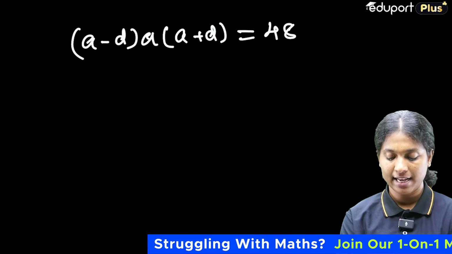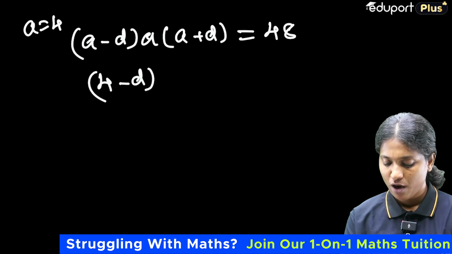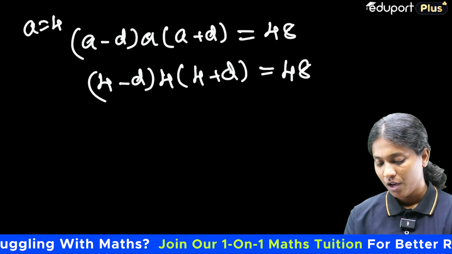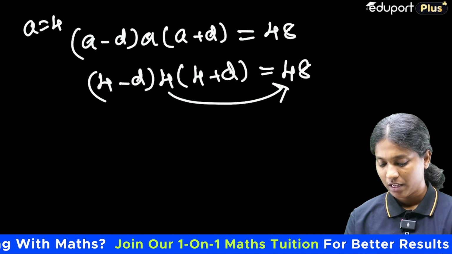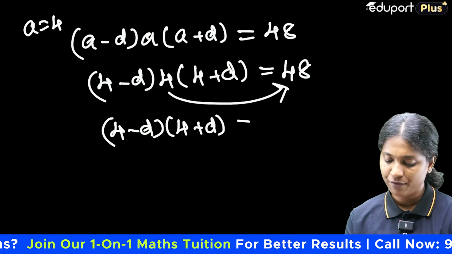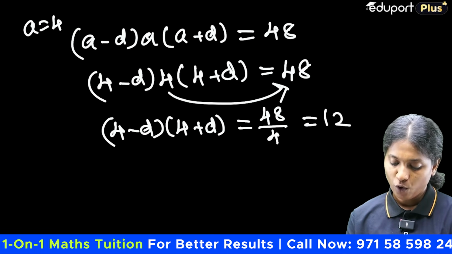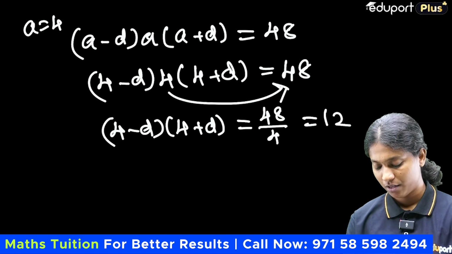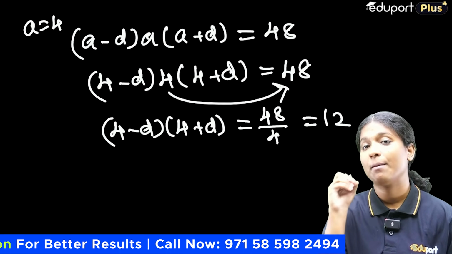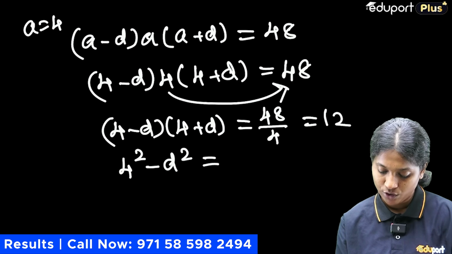So, a we got as 4. So, 4 minus d into 4 plus d equal to 48. We can transpose this 4 here. Then 4 minus d into 4 plus d will be 48 by 4, which is 12. So, 4 minus d into 4 plus d equal to 12. It is in the form of a plus b into a minus b, which is a square minus b square. So, 4 square minus d square is equal to 12.